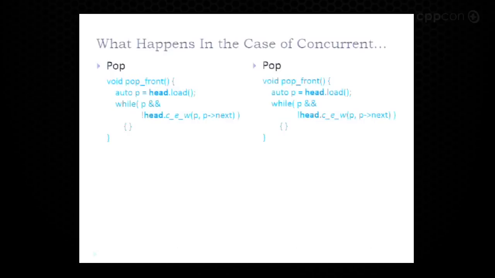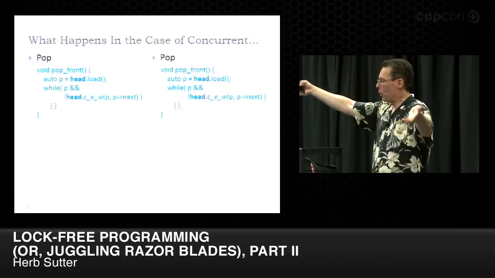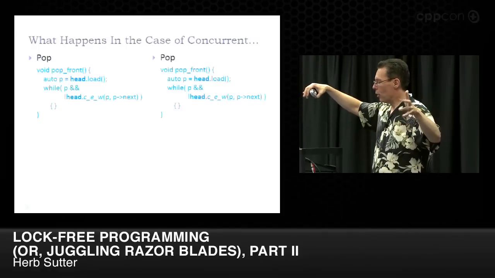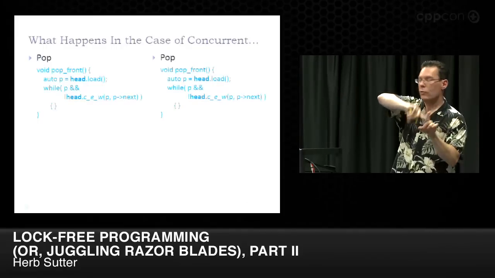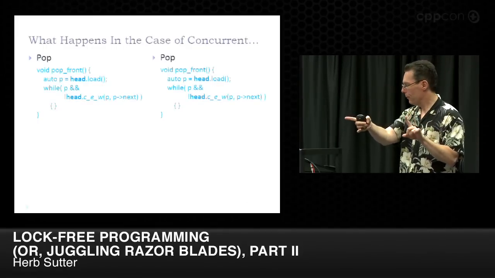So having said that, let's analyze this to try to prove to ourselves a little bit that this is true, that this is safe. Let's say I have a concurrent pop and pop. That was one of the problems before. They're both going to load the head, and they're both going to try to swing the head from the value they just read to the second value.